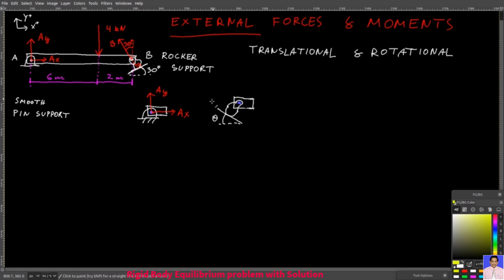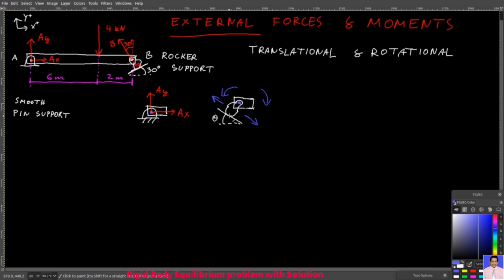What about the other one, the rocker? Well, it allows rotation about this pin B, but it also allows translation along the surface. Of course, you might have a little bit of friction between the surface and the rocker support, but this friction force can be too small to be taken into account.